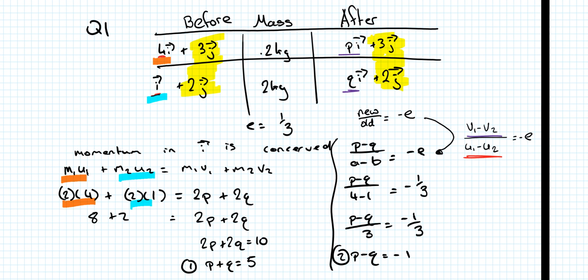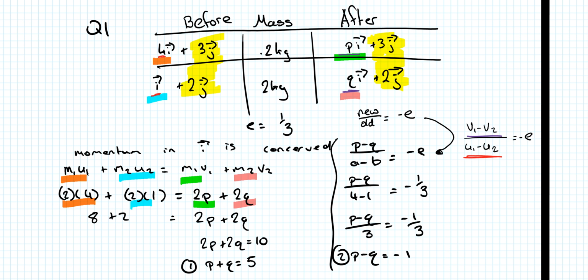The momentum must be conserved, which is going to be 2 times p and 2 times q. Now, it obviously depends if these were different masses. If it was 5 and 2, you would fill in 5 here and 2 here and 5 here and 2 here. But it's just handy that they're 2 and 2.